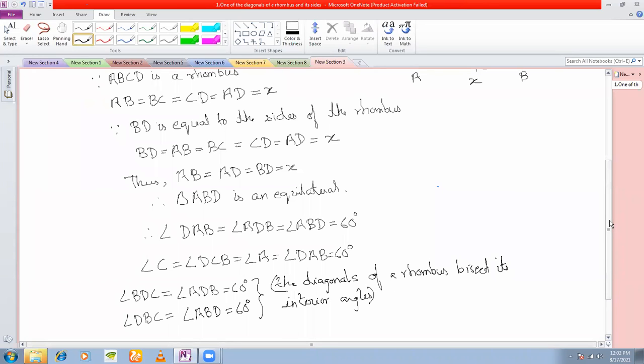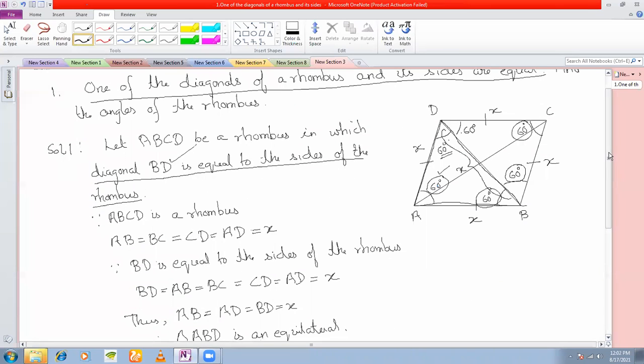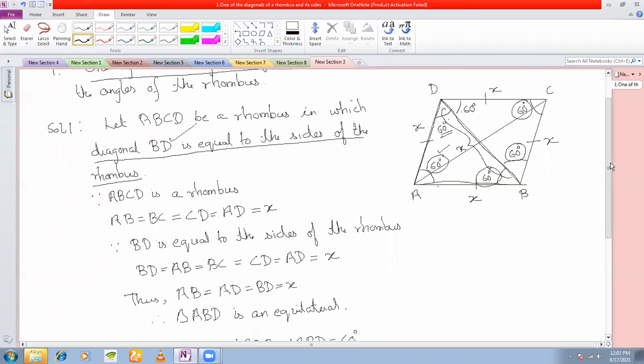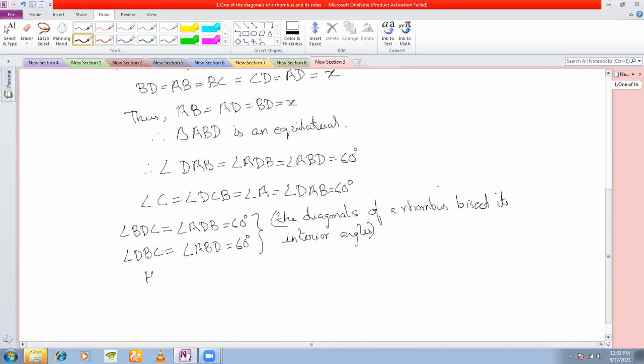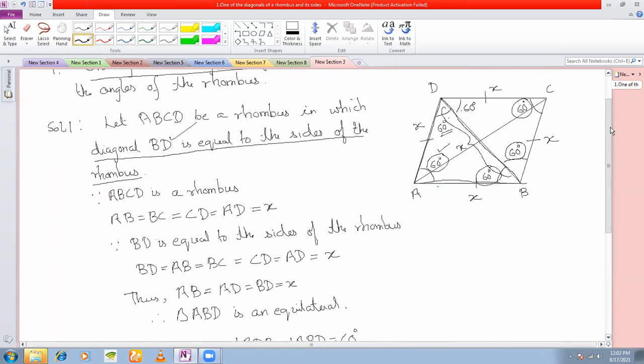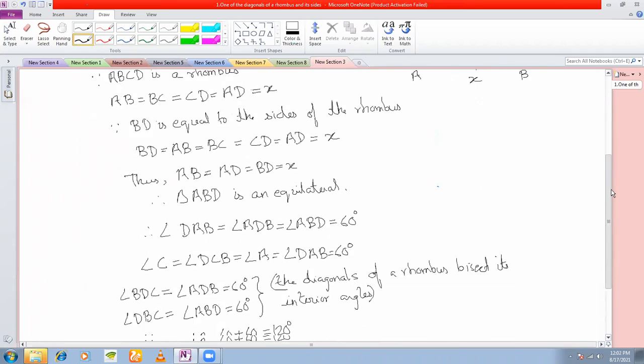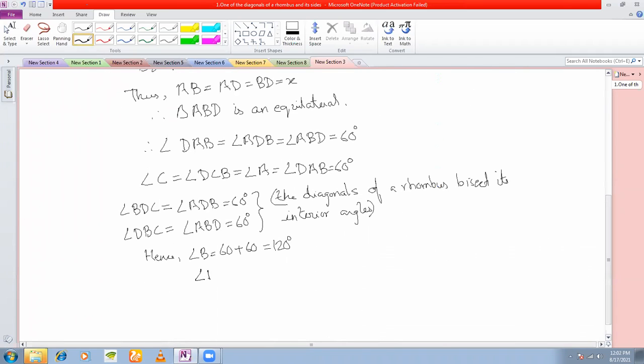So angle B, what is angle B? Hence, what are the angles that we have got? Angle B is 60 plus 60, which is equal to 120 degree. And here, if you see in the figure, angle D is also 60 plus 60, which is 120 degree.